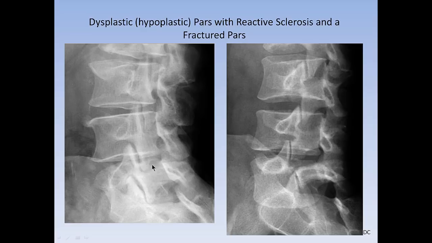Is it sclerotic compared to this? Yeah, it's got reactive sclerosis. The facet joint is sclerosed. It's probably a little microinstability here. So that's called a dysplastic pars interarticularis, or more specifically, a hypoplastic. So pretty suspicious for a pars fracture.